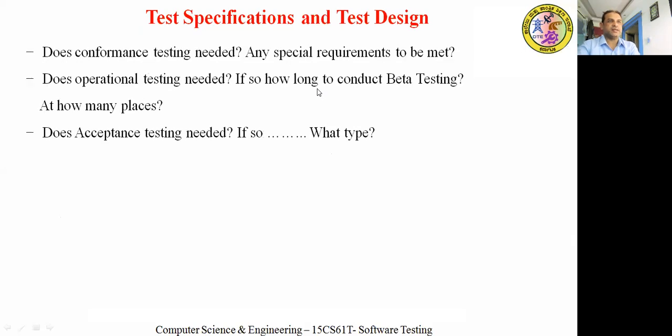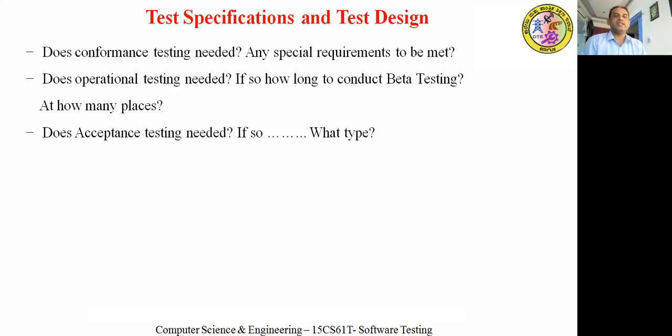Next are some more questions you need to answer. Is conformance testing needed? Are there any special requirements to be met, or is any operational testing needed? If so, how long will beta testing be conducted, at how many places, and so on? Is acceptance testing needed, and what type? Once you identify all these answers, you can develop the test cases.